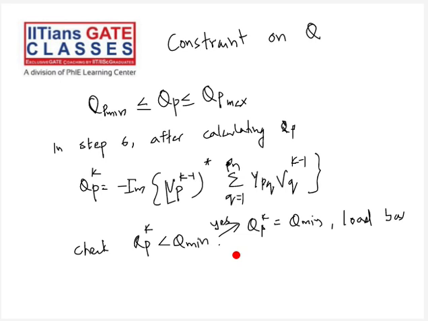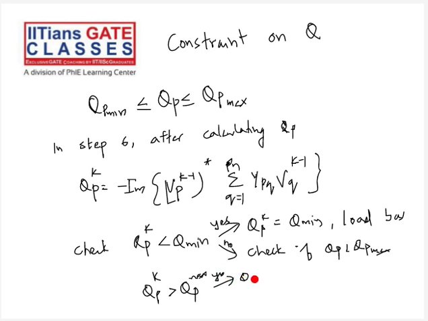Now we check if QP is greater than Q max. If yes, then QPK is set to Q max, and we treat it as a load bus.